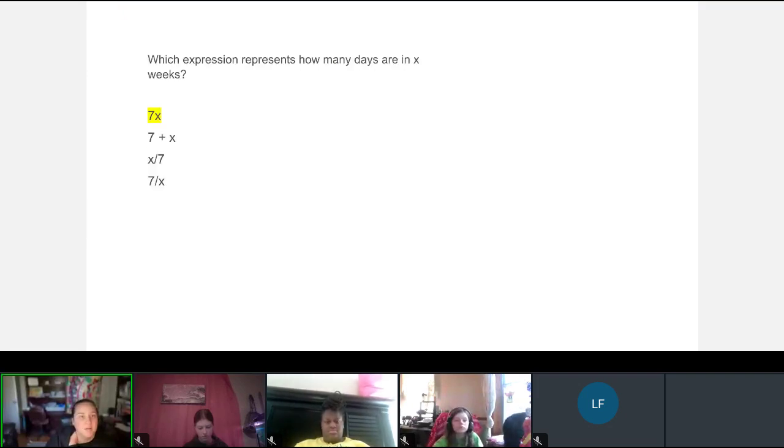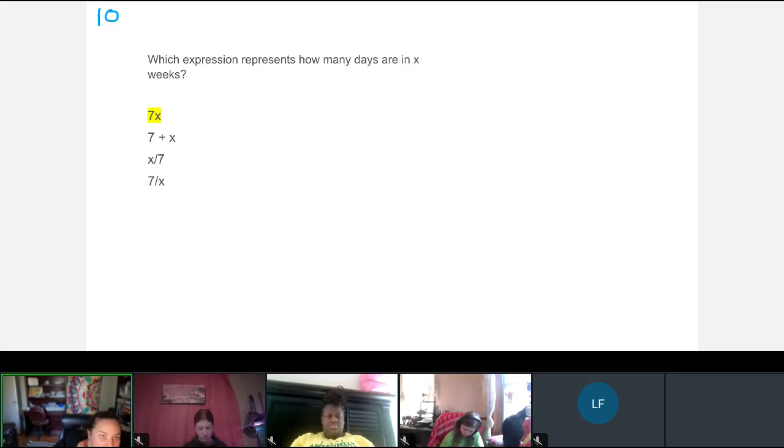All right, last problem. This would be number 10. It says, which expression represents how many days are in X weeks? So on this one, I want you to make a note, and I'm going to type it because I don't feel like writing all of that.